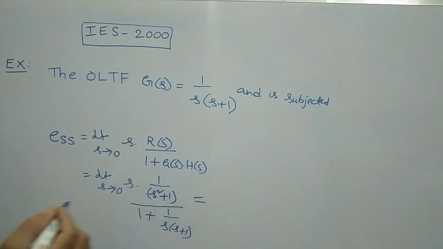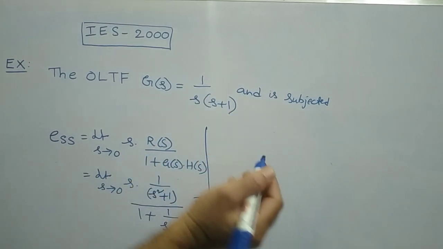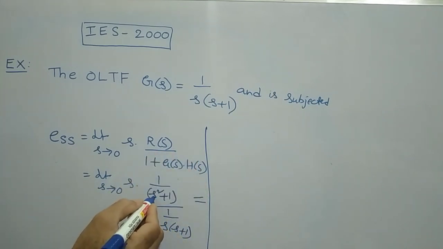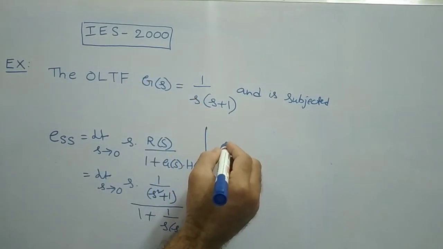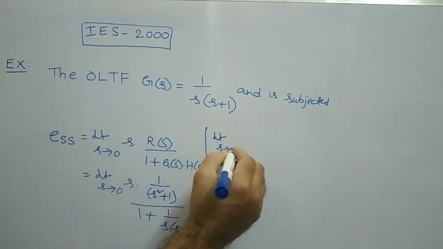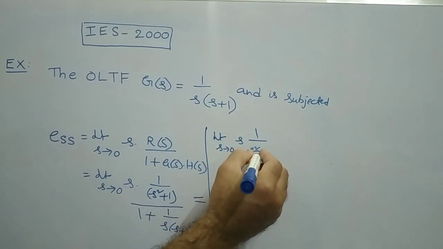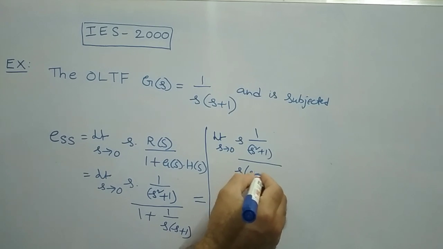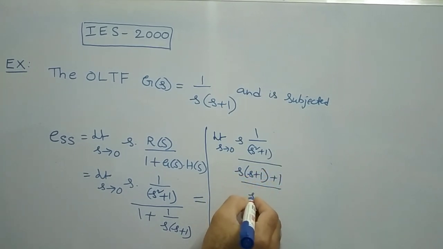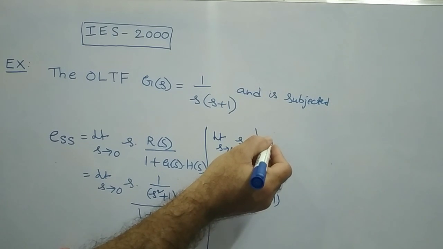So if you simplify this, limit s tends to 0, it is 1 by s square plus 1, take cross multiplication, s into s plus 1 by s into s plus 1. So take this denominator to the numerator part.